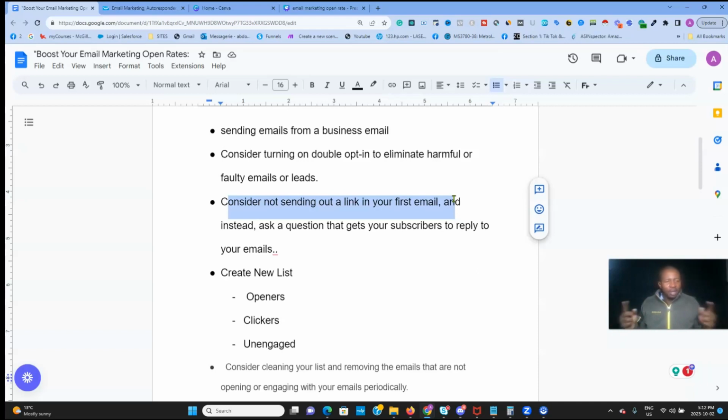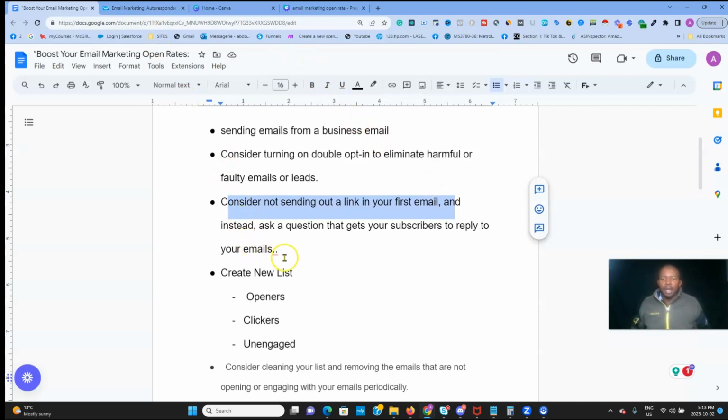So again, there'll be a two-way communication between you guys, which is very good from the Gmail point of view, and from the autoresponder point of view.